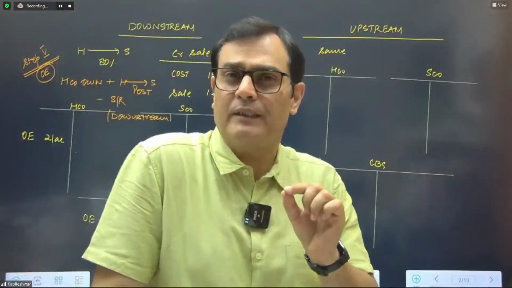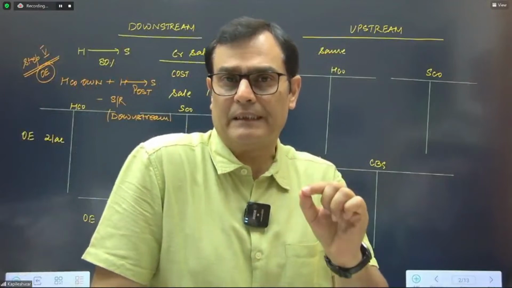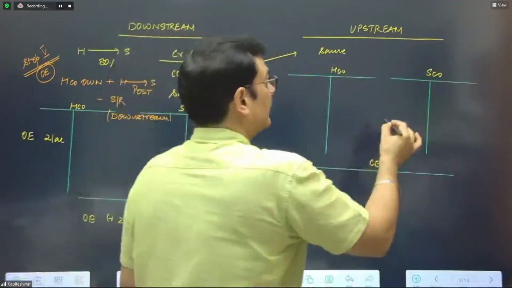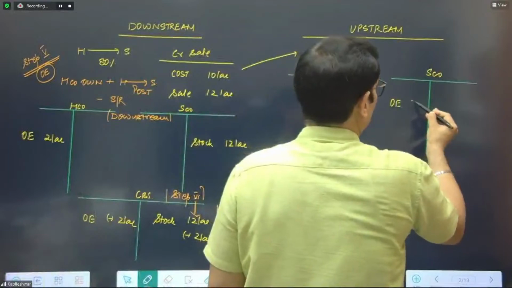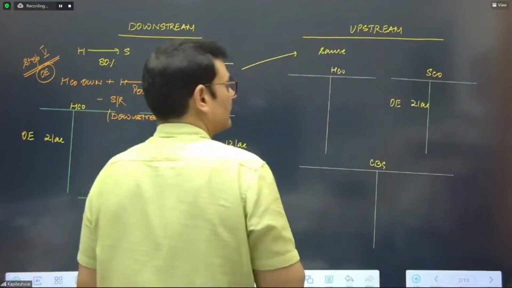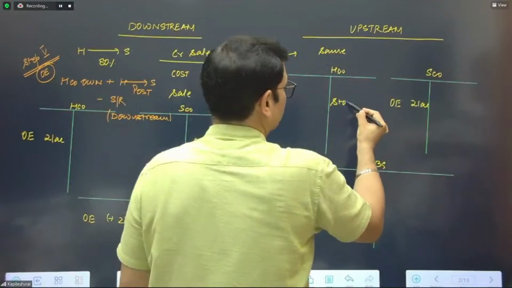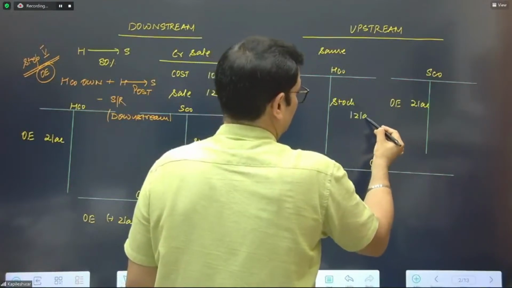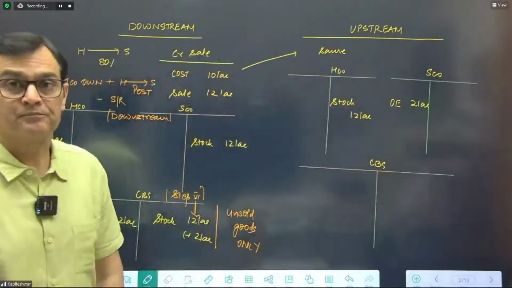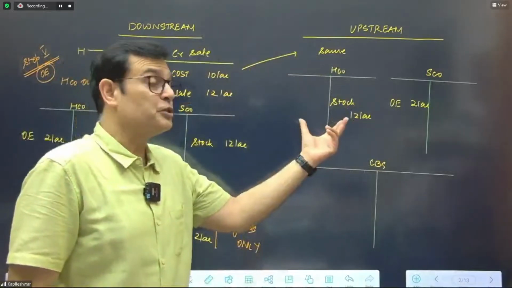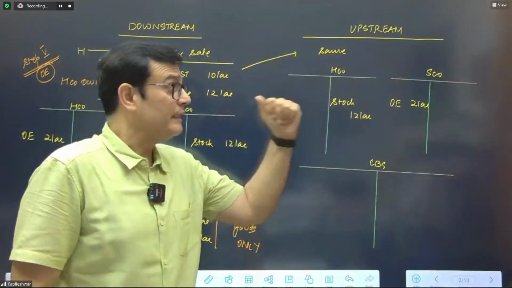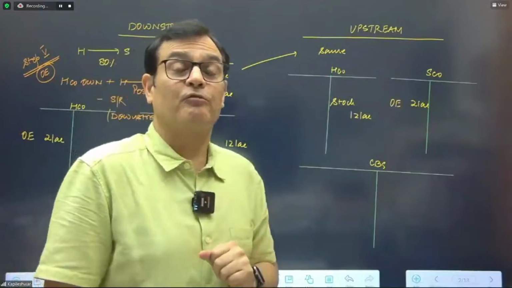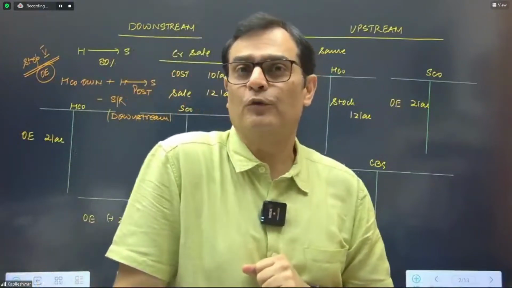If the subsidiary company made a sale to the parent, then you can say his other equity would include the profit of 2 lakhs. And he would represent the stock purchased at 12 lakh rupees in his balance sheet. So he would be reflecting the purchase value of the stock, which is 12 lakh, and he would be representing the profit on sale to the extent of 2 lakhs.